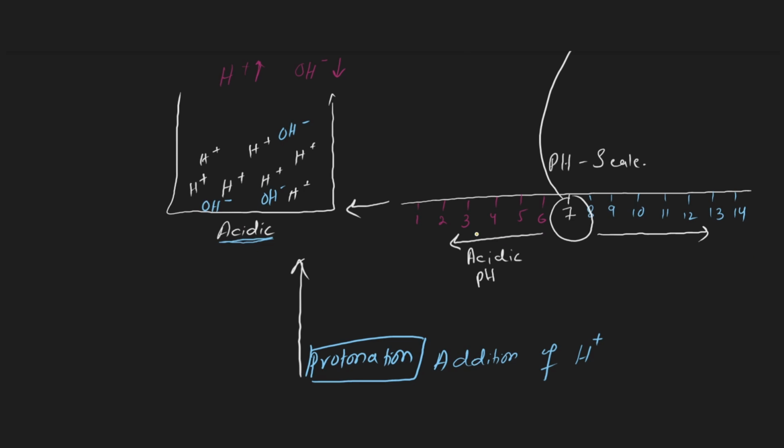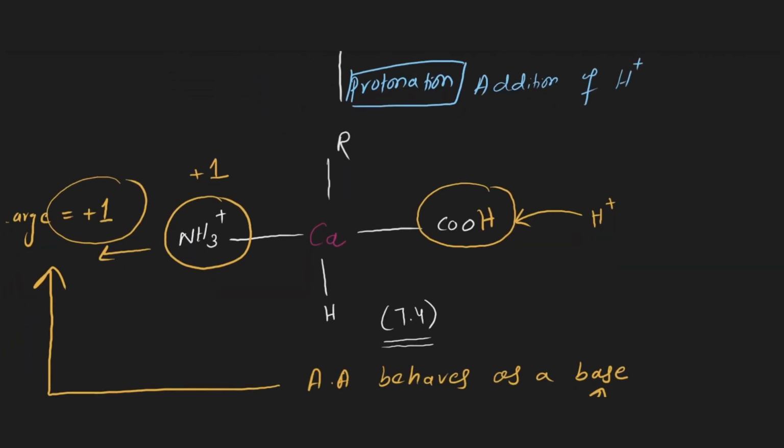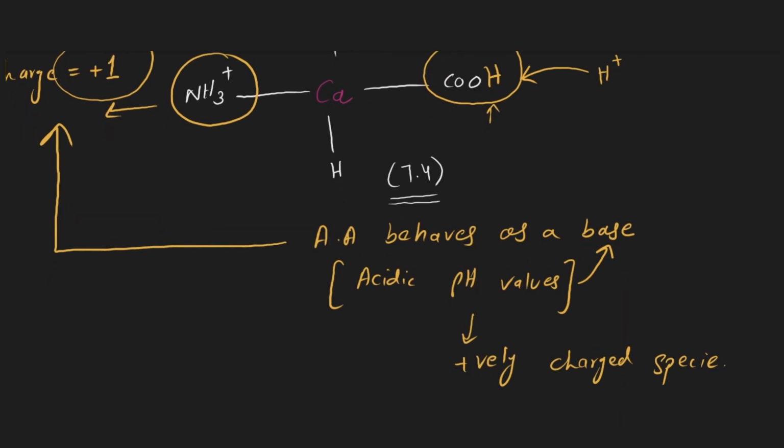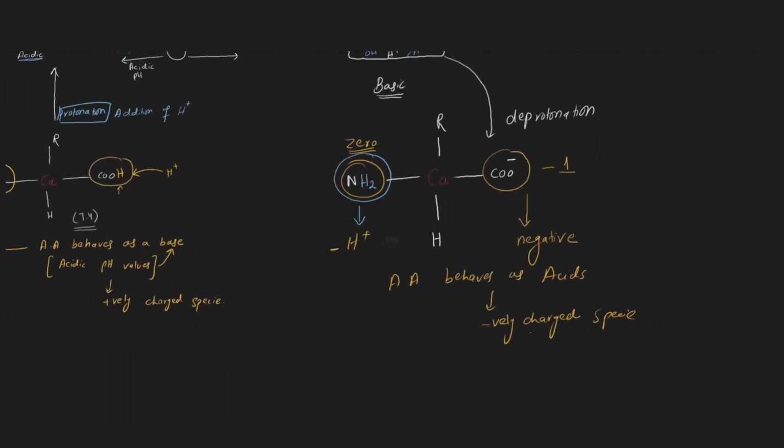While in acidic pH values, the amino acids usually behave as a base. They accept the protons in this case. While in case of basic pH values, they lose the proton and the overall charge on the amino acid is negative and they behave as an acid because they lost the protons.